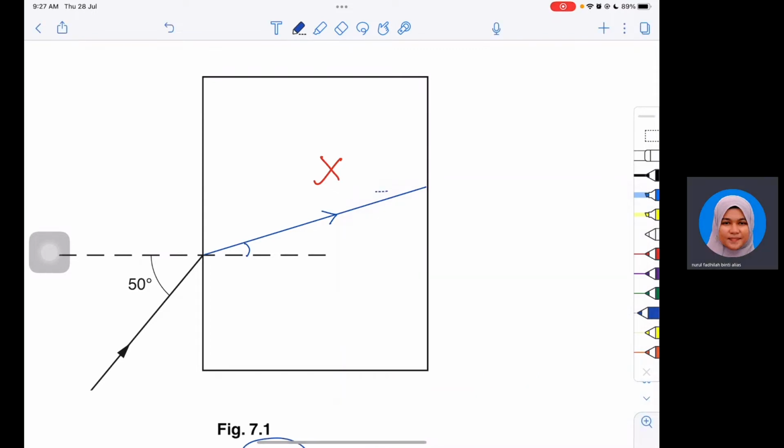Okay, next. We have to draw the emerging ray. So before the emerging ray, you draw first the what?